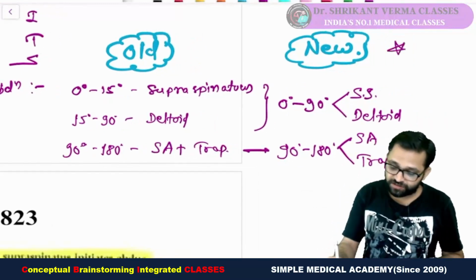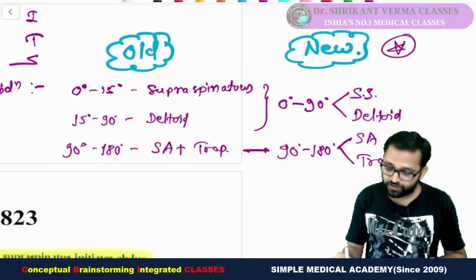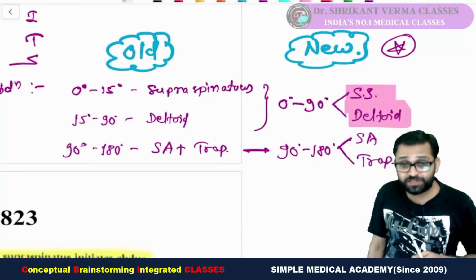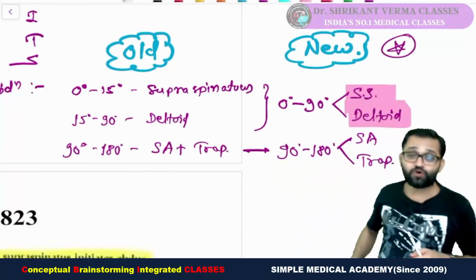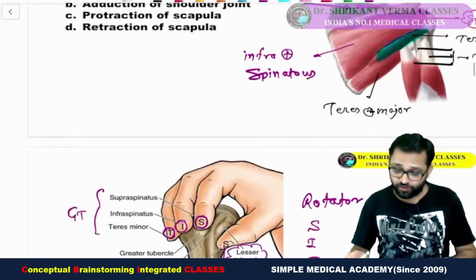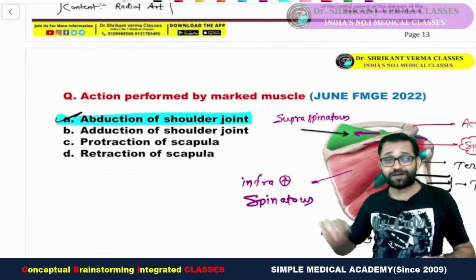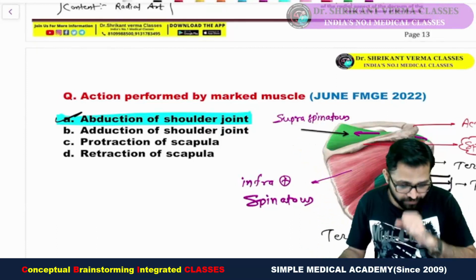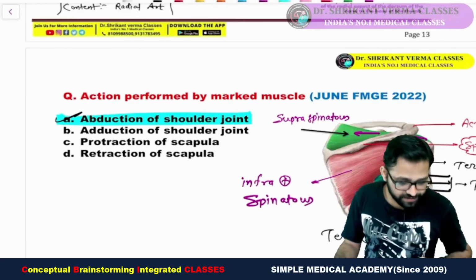So this is what you have to follow. Supraspinatus and deltoid both cause abduction from initiation up to 90 degrees. Don't follow the old rule. But even if you don't know the new concept, you can still solve this question. Supraspinatus is causing the abduction of the shoulder joint. Agree everyone? Yes, definitely.